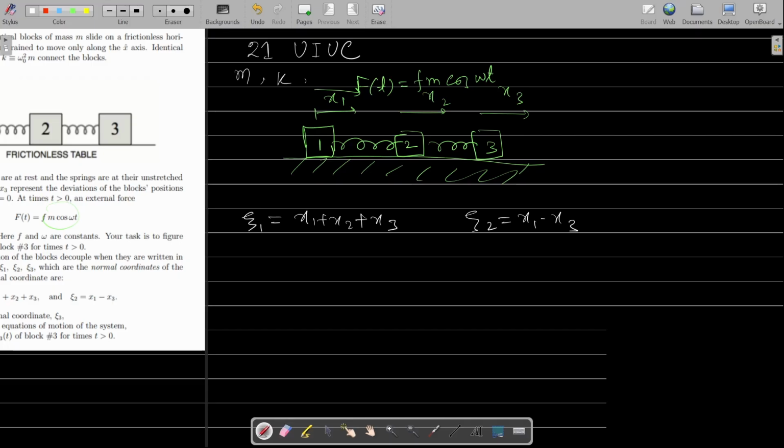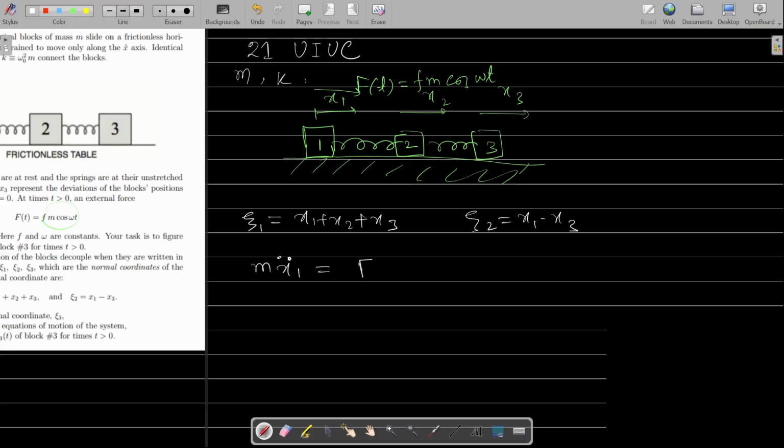If we consider mass 1, F equals ma looks something like this: m x1 double dot is the sum of all the forces acting on mass 1.